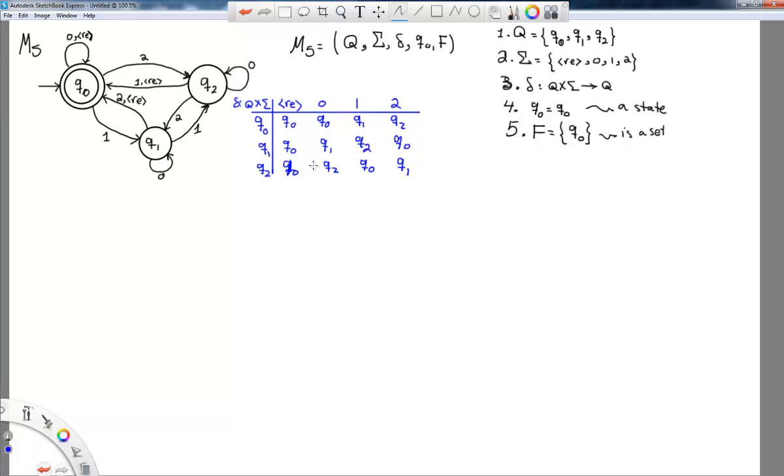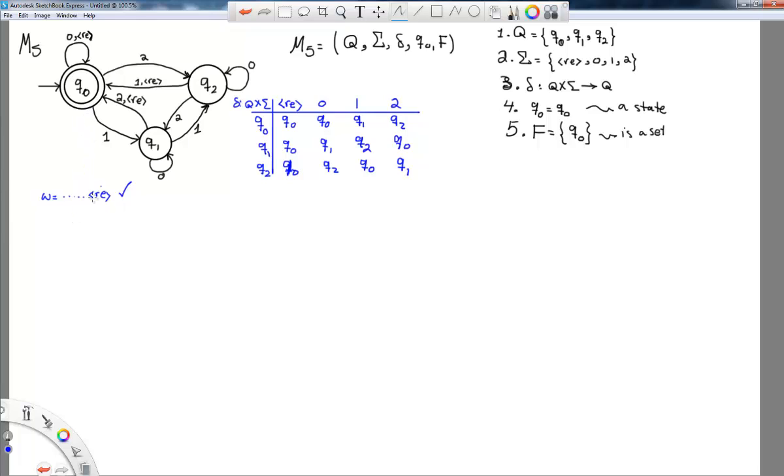Let's take a look at a couple of examples of this machine and the languages that it actually accepts. Apparently, if my string is a string W that has a bunch of stuff in it and the last element is reset, it's going to be accepted, because reset, no matter where I am, is going to take me back into state q sub 0. So that's one of the strings that this machine accepts.